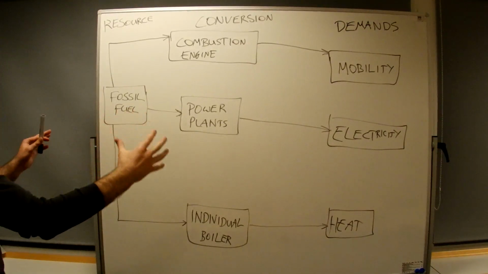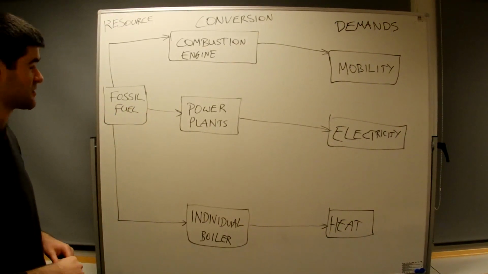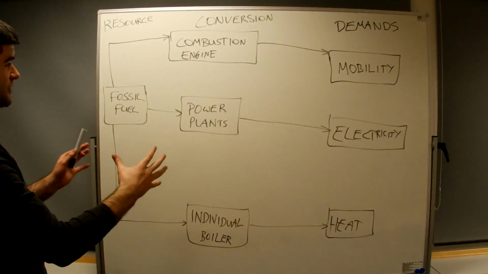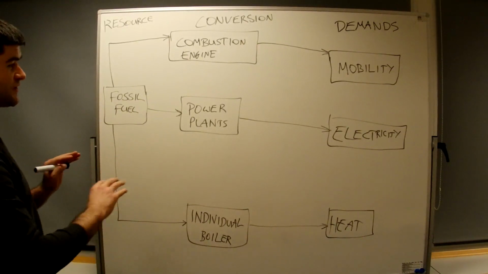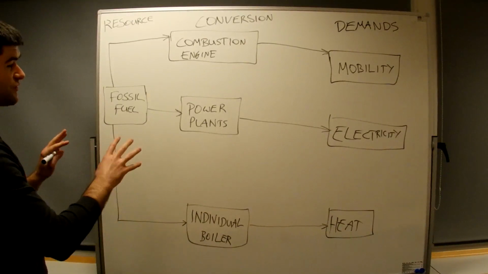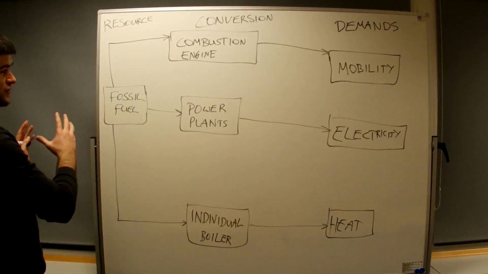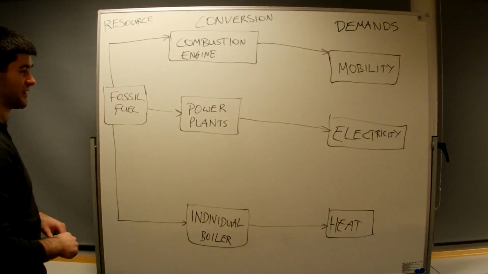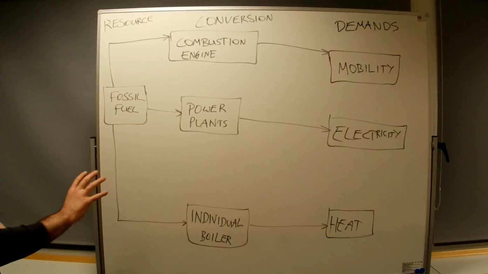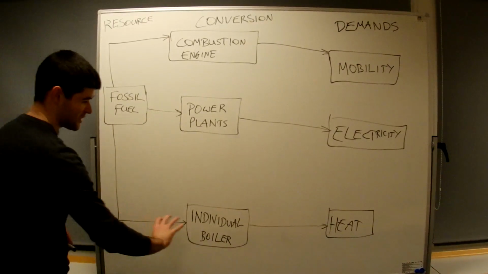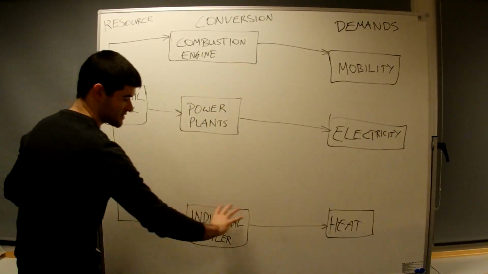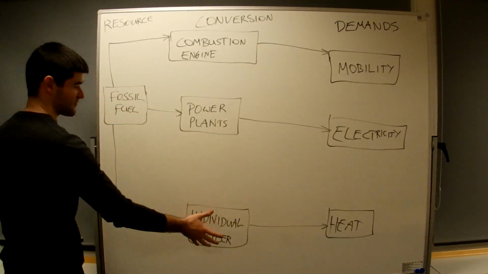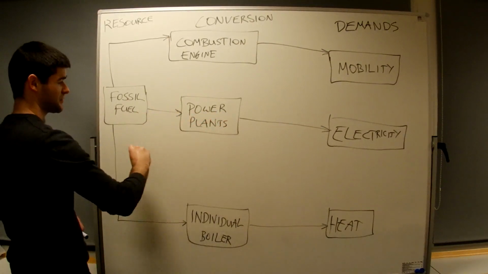So I hope that this breakdown of what the energy system looks like today illustrates immediately to you that the energy system is actually a relatively simple structure in terms of how fuel goes from beginning to an end user demand. So what you can probably see straight away here is that each of our sectors is very isolated from one another. Heat is provided by individual boilers and has very little connection with the electricity sector.